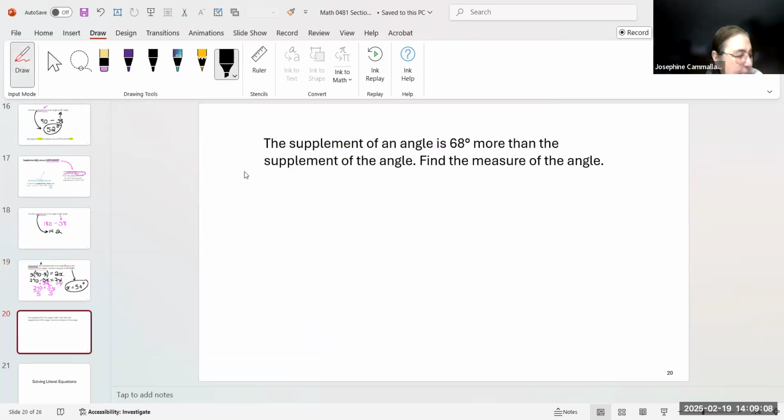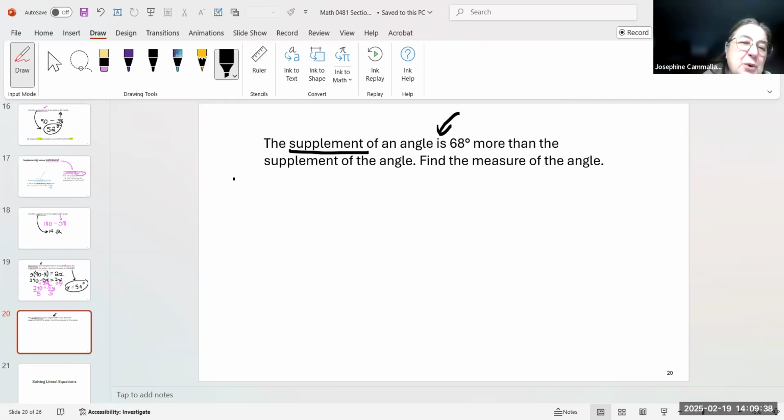Well, let's try this one. Okay, the supplement of an angle. Okay, notice supplement is 68 degrees more than the supplement of the angle. Okay, here we go.